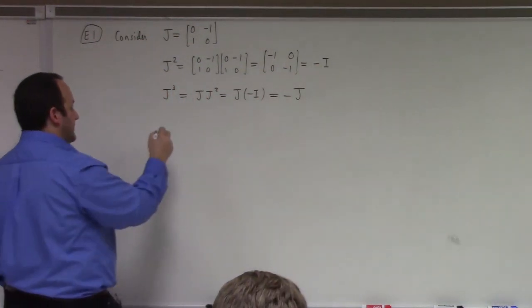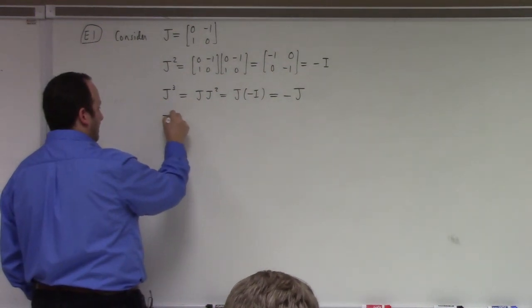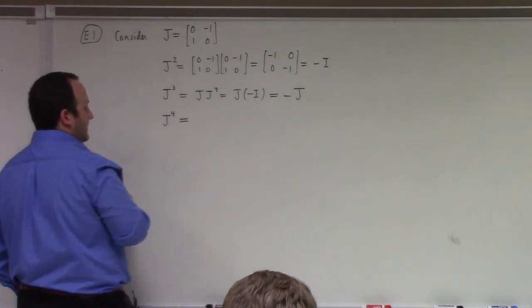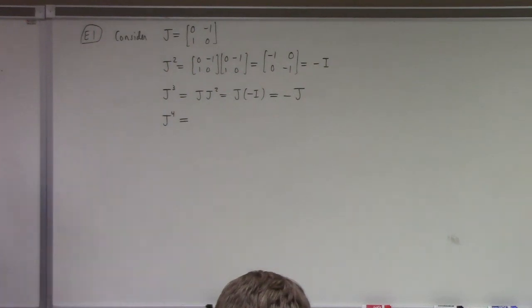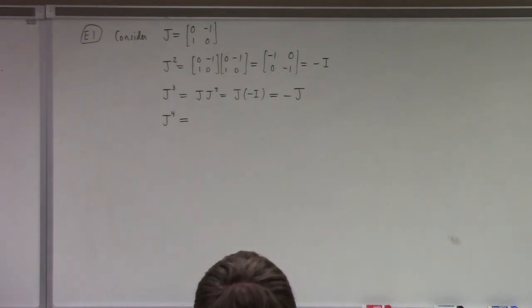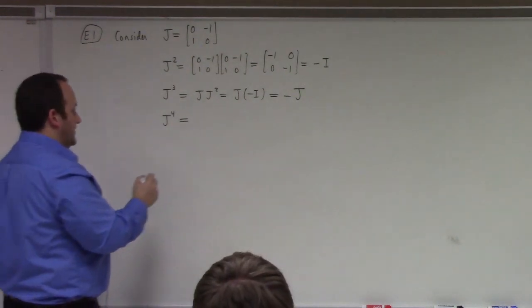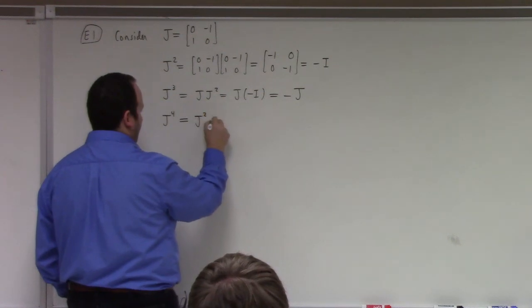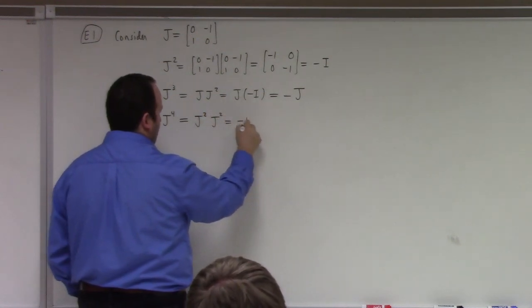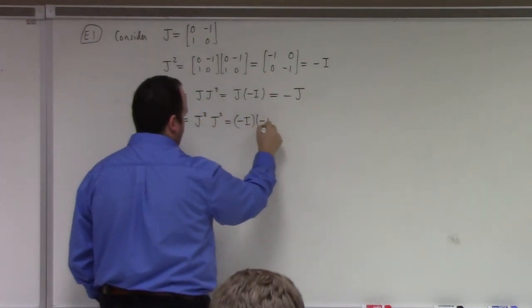What happens when we calculate J to the 4th? Yeah, J squared times J squared, also known as minus I times minus I, right?